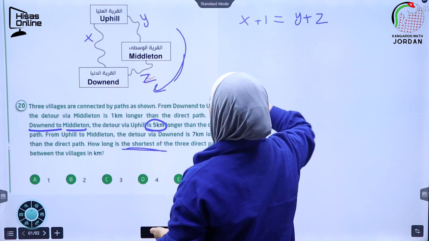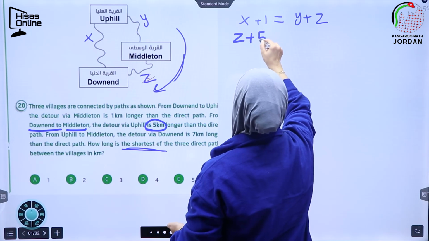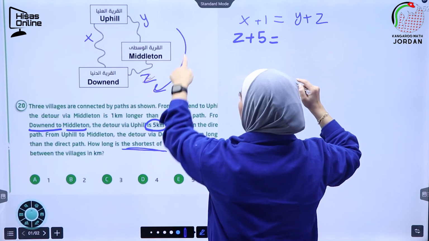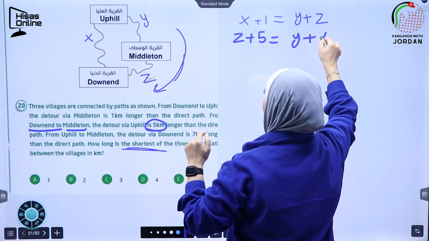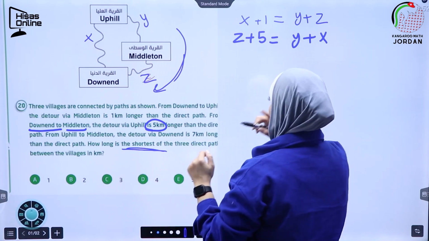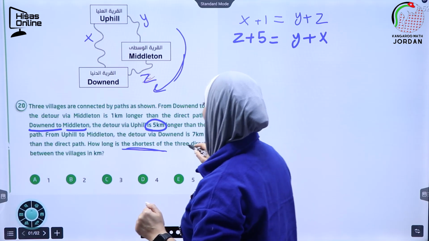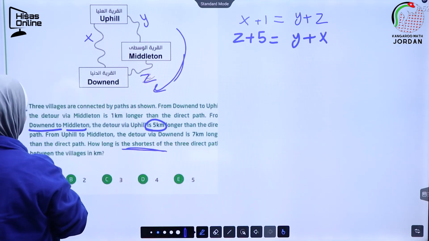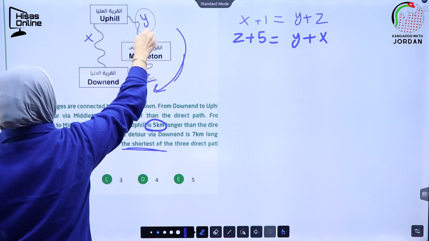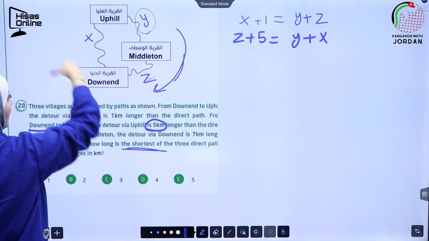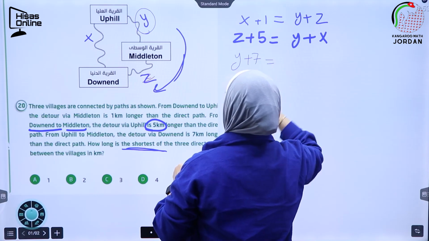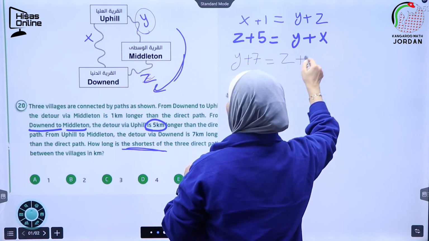So down to the middle, Z plus 5 equals Y plus X. And the last one, from the U to the middle, which is Y here, is 7 kilometers longer than the direct one. So it's Y plus 7 equals Z plus X.